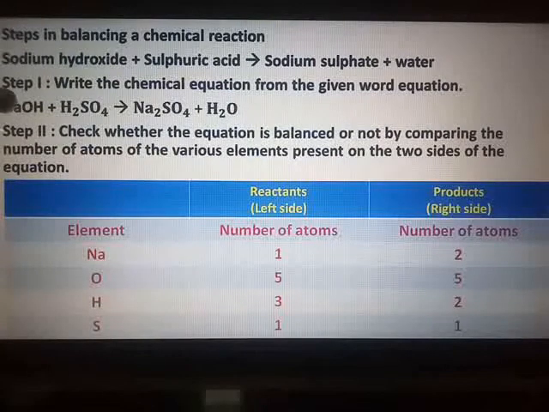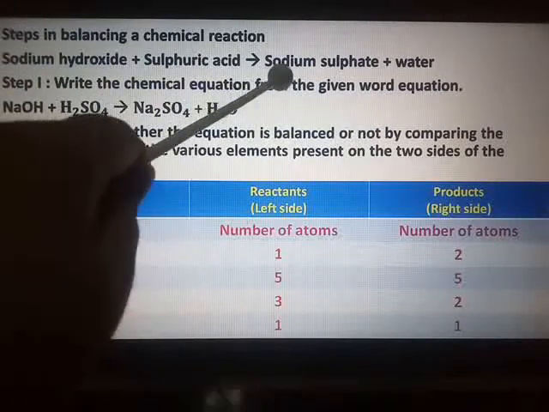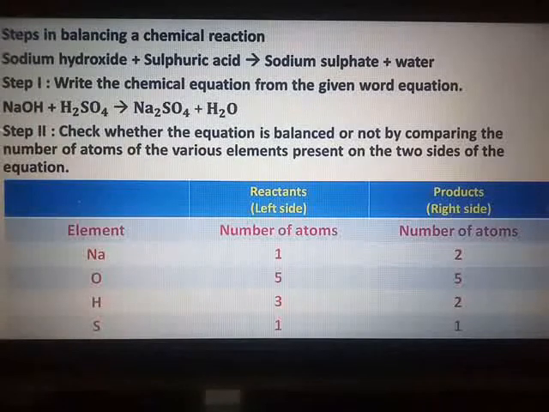So your first step is to write the chemical equation from the given word equation, which means converting it into a chemical equation by writing the molecular formulae of the reactants and the products. So sodium hydroxide NaOH plus sulfuric acid H2SO4 gives sodium sulfate, that is NaSO4, plus water.